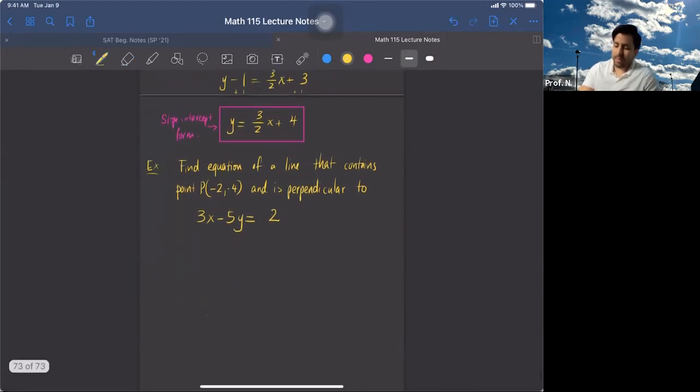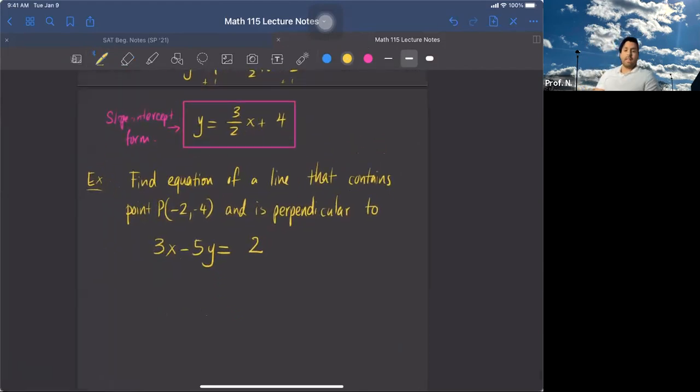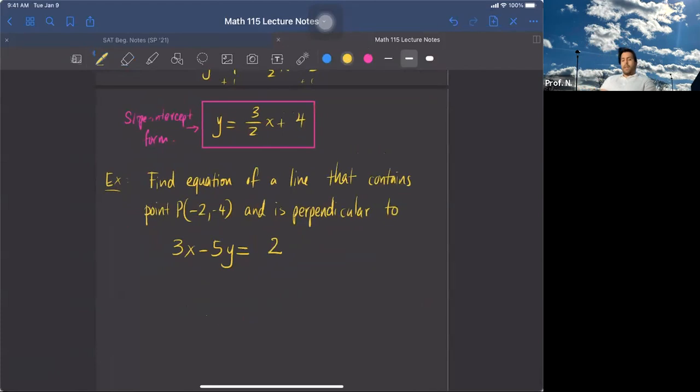So now I want to find the equation of a line that contains the point -2, -4, but is perpendicular to 3x minus 5y equal to 2.